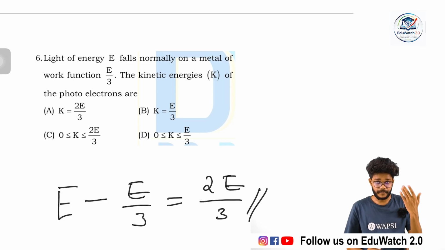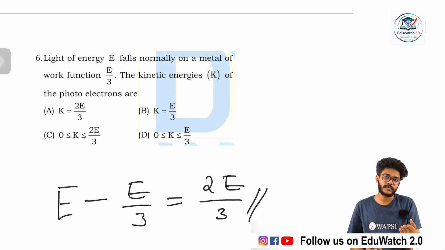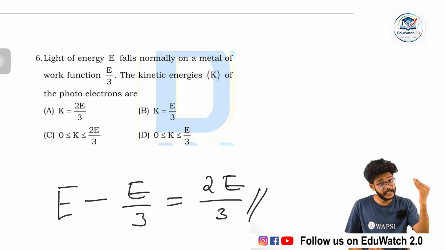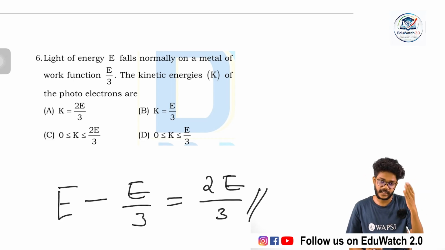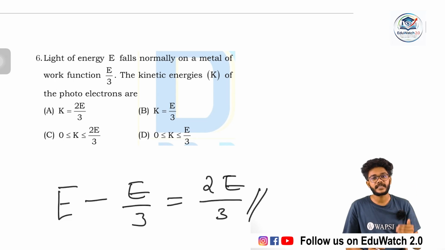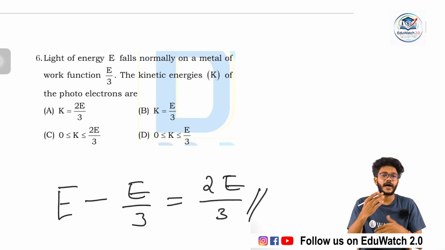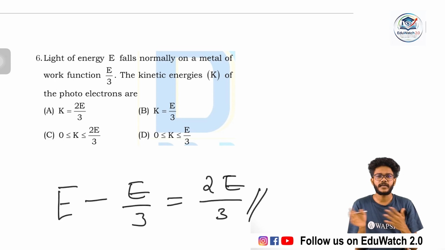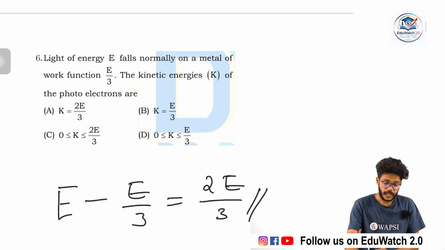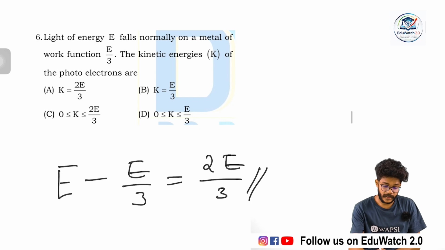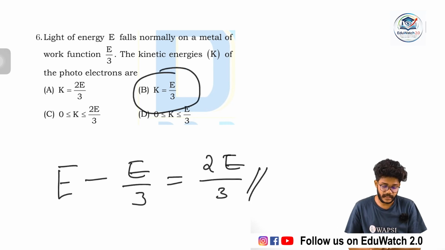But if a collision occurs, or if there is another interference, the energy can decrease. So there are particles with 2E by 3 and also other particles with energy lesser than 2E by 3 due to some unwanted collisions or other interference. Some person can think K is equal to E by 3, but that is wrong.